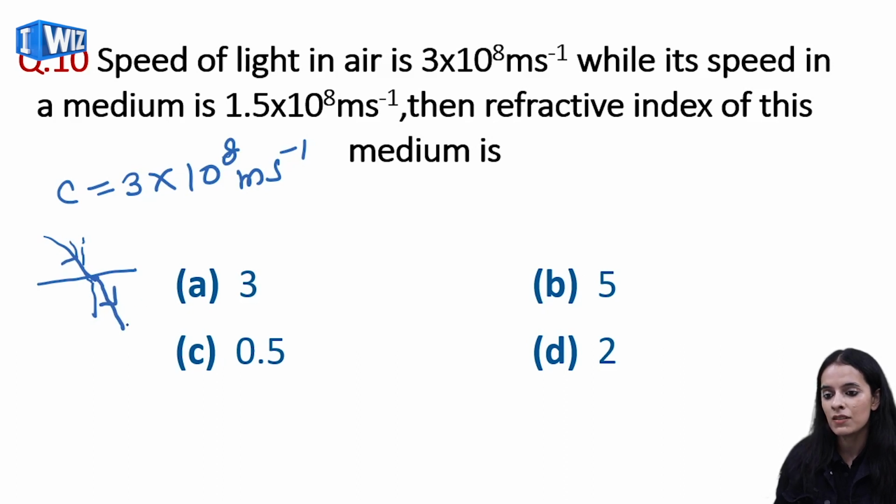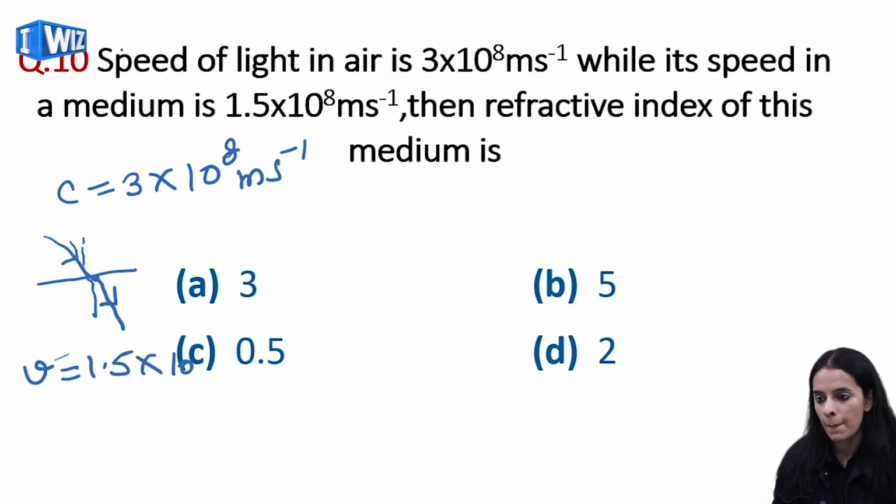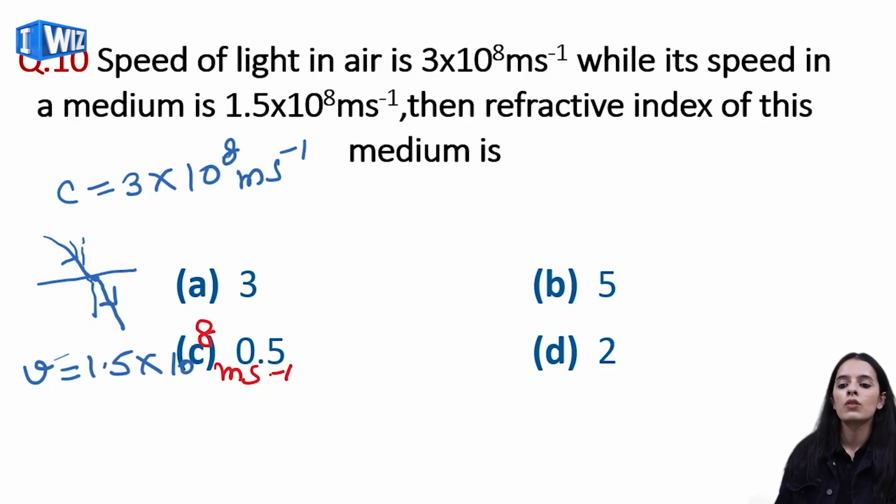The speed of light in the medium is given, that is V. It is denoted by V. The value is 1.5 into 10 raised to power 8 meter per second. So what you have to tell?